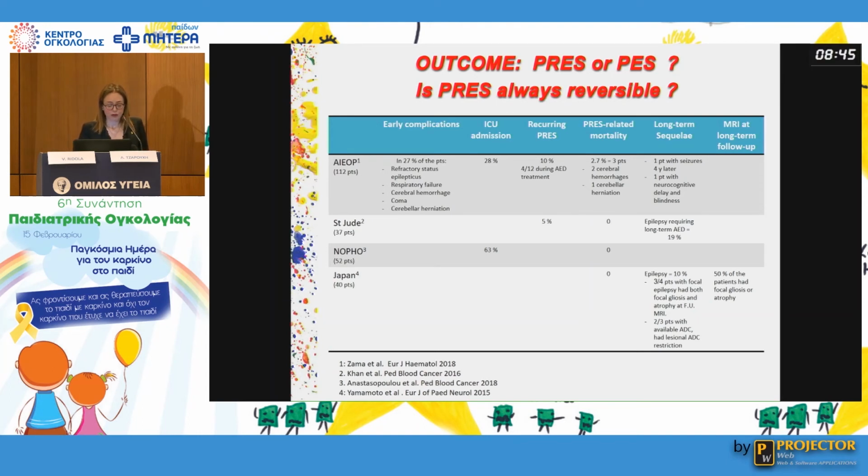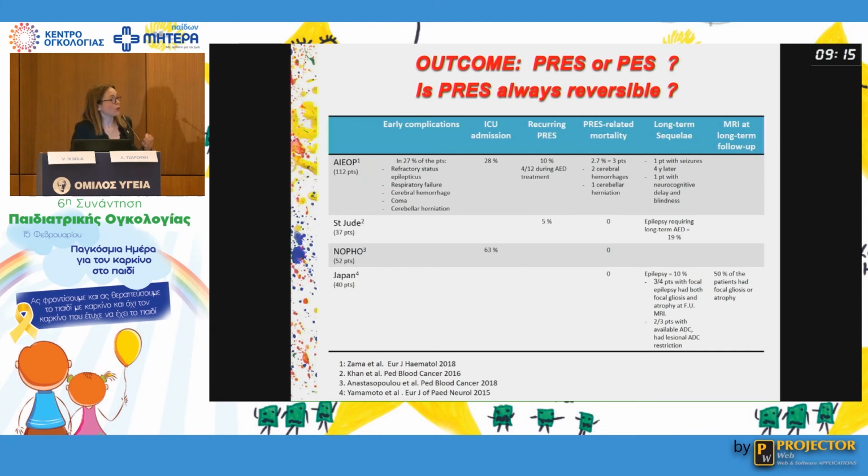These were 3 patients out of 112 who had cerebral hemorrhages and cerebellar herniation. Now, when we follow these patients with a long follow-up, we can see that 10 up to 19% of the children can develop epilepsy in the long-term follow-up.